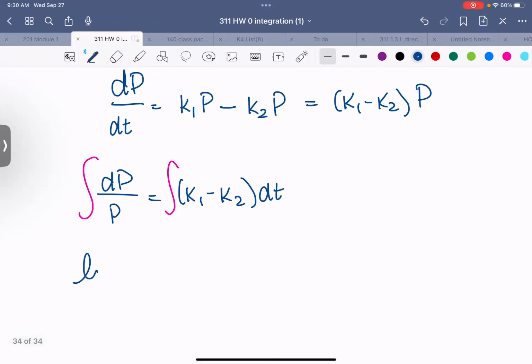What that does is gives us the natural log of P on the left and K1 minus K2 times T plus your constant on the right. So now you're going to treat K1 minus K2 as kind of a new constant.